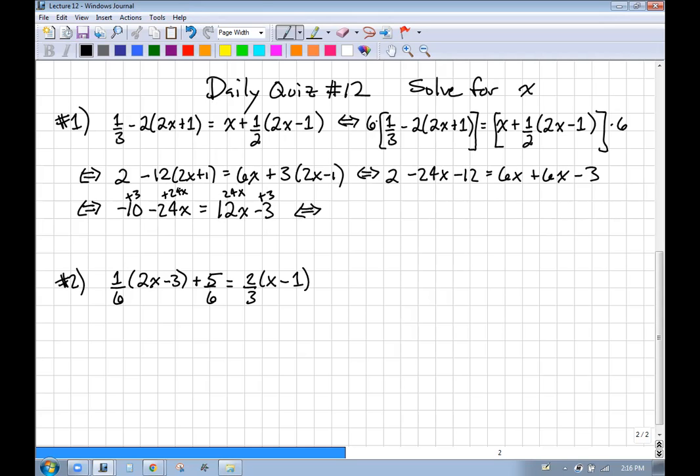Okay, well, this goes away. -10 and 3 is -7. 12 and 24 is 36. And then the 3's went away. And now we just need to divide both sides by 36. So x is -7 over 36.